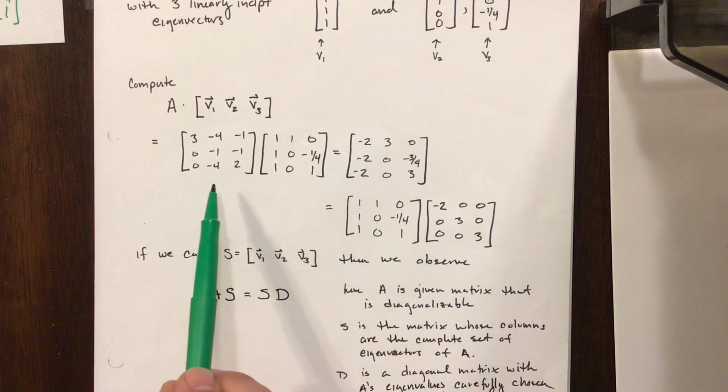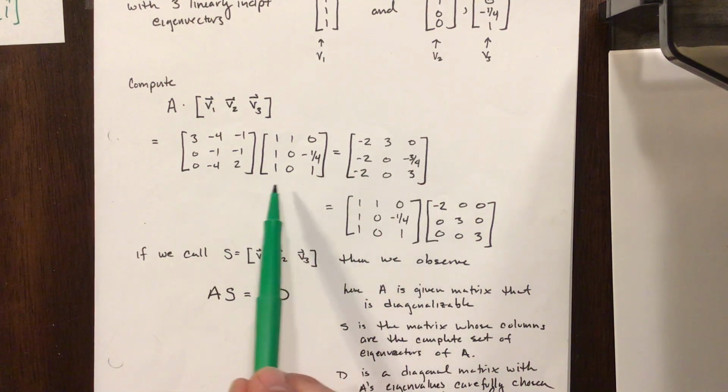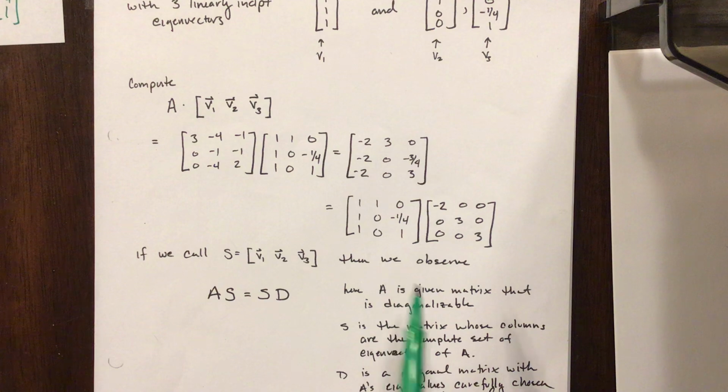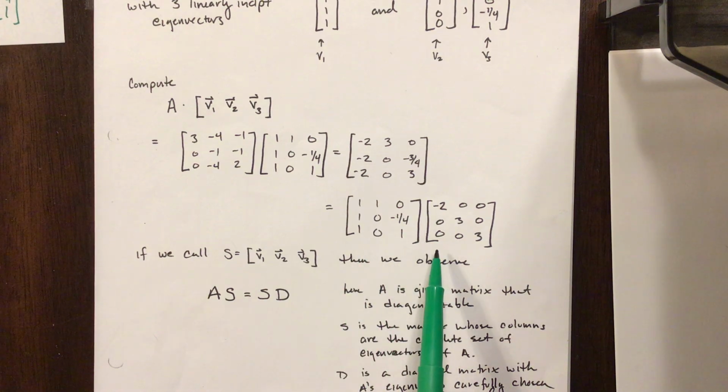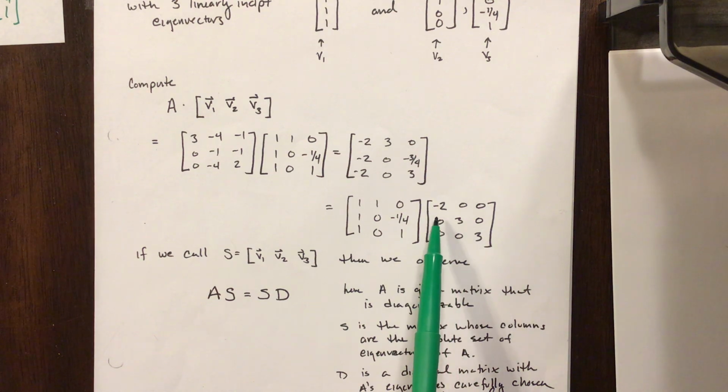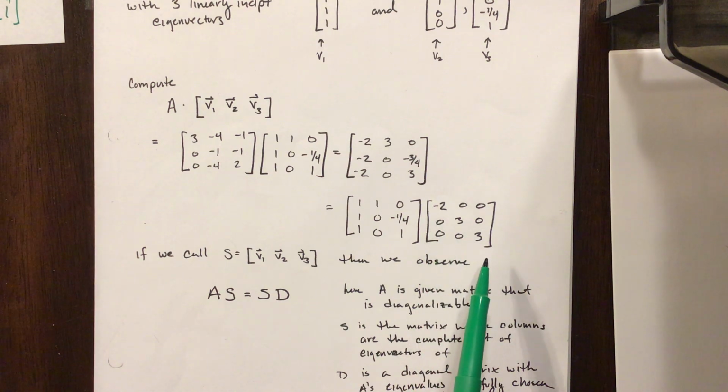So if I take A and multiply it by this matrix, which we'll call S, the matrix of eigenvectors, we get the matrix S times the matrix D, where D is a diagonal matrix with the eigenvalues along the diagonal.